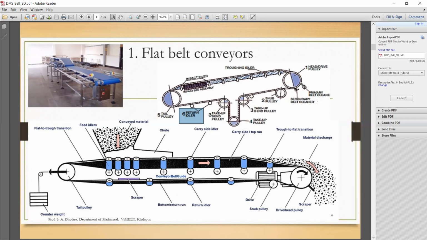The basic advantage of a conveyor system is that, due to continuous flow, the conveyor ensures a steady supply from the input to output.